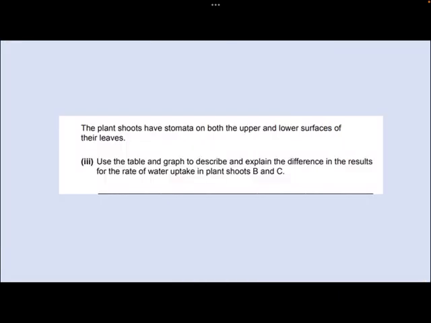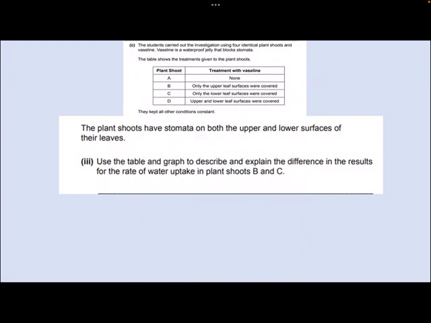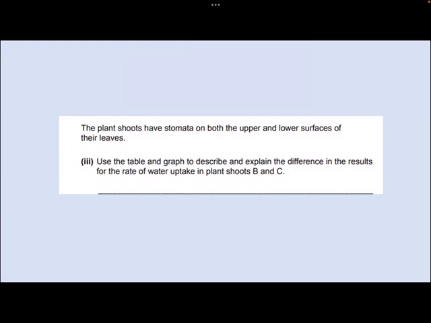The plant shoots have stomata on both the upper and the lower surfaces of the leaves. Use the table and the graph to describe and explain the difference in the results for the rate of water uptake in plant shoots B and C. So this is a 3-mark question. Describe, say what you see, and then explain the difference. So we can see that B had only the upper leaf surface covered. C, the lower leaf surface was covered.